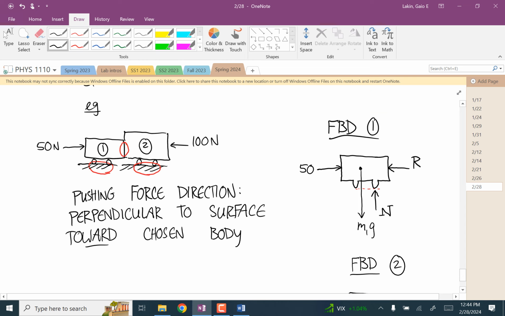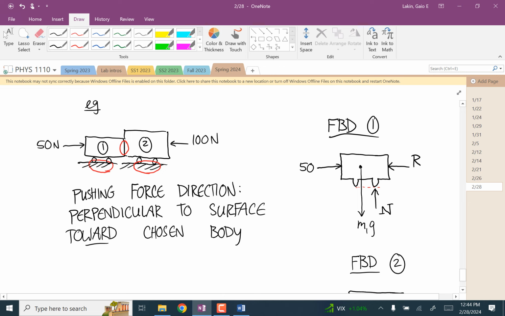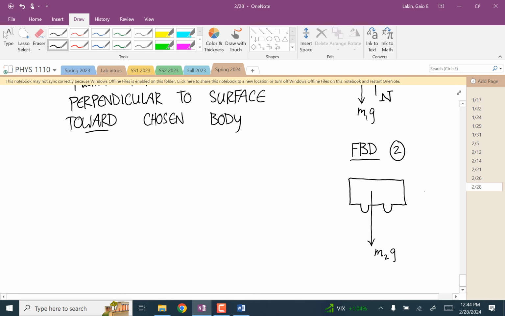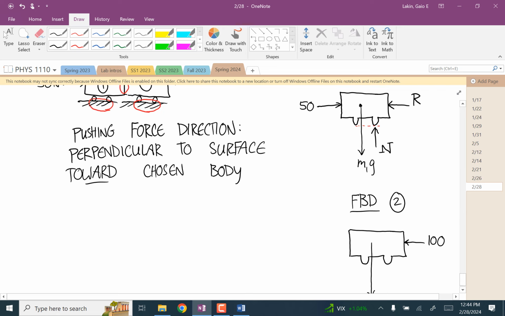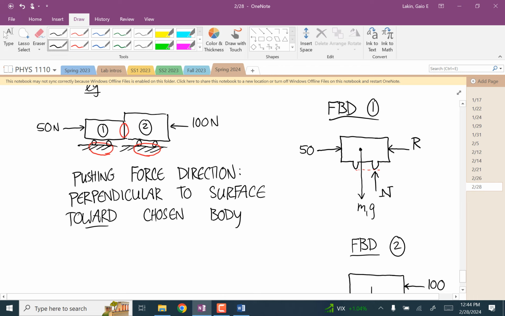There's 100 Newton force acting on the boundary of the second one. So that's over here. But notice that 100 didn't appear on body 1 and that 50 didn't appear on body 2. We're only putting in the stuff happening on the boundary of that chosen body, okay?